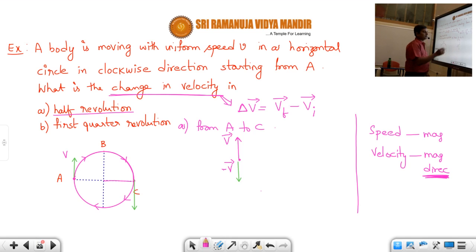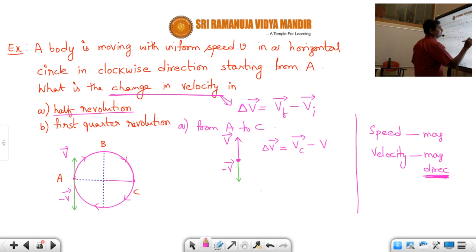This is V vector upwards, and this is the minus. Actually it is here, I just shifted it parallel to itself, because we can always transport the vector, no, students. This is a plus V vector and this is a minus V vector. Now they are asking what is the change in velocity. Change in velocity is what, students? Final velocity minus initial velocity. Velocity at point C minus velocity at point A.